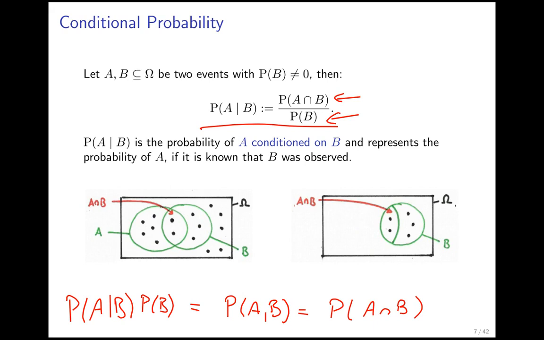Well, you start off with a joint one, so you just write down all the events that you have, A, B, and so on, if you have more than A and B. And then what you do is you pull out the B. You pull out the one that you're conditioning on. And pulling out means you replace the comma by this mid bar. And then you have a formula that is much nicer to remember. Maybe this helps you to get your head around conditional probability.